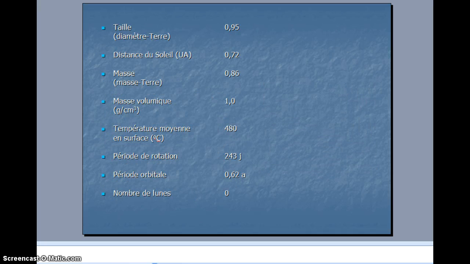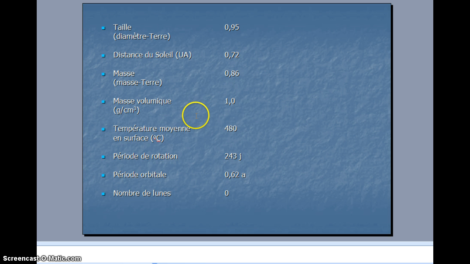And there are some more stats. The size is 0.95 Earth diameters. The distance from the sun is 0.72 units, where the Earth to the Sun is considered 1, so Venus is closer to the Sun than the Earth is.